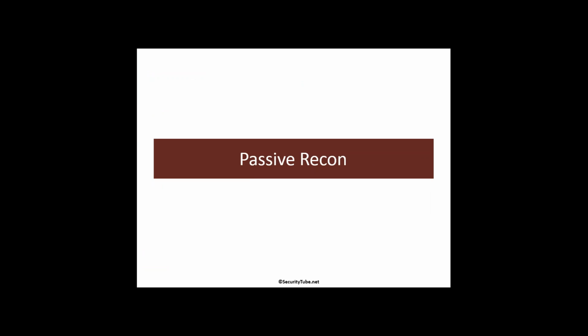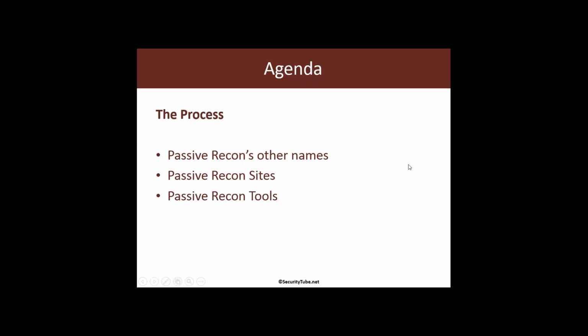With Passive Recon, the idea is just for us to gain as much information as we can about the target network before we actually launch any active attacks. Now, what I like to tell people with Passive Recon is what you're looking for here is anything I can learn about the target without actually giving up my IP address. Now, I know there's plenty of other definitions, but this is the definition I like to give.